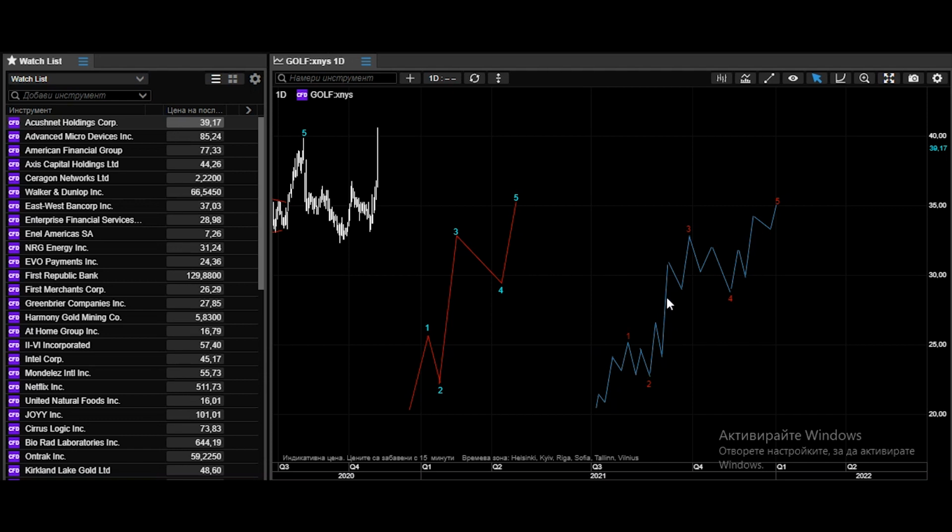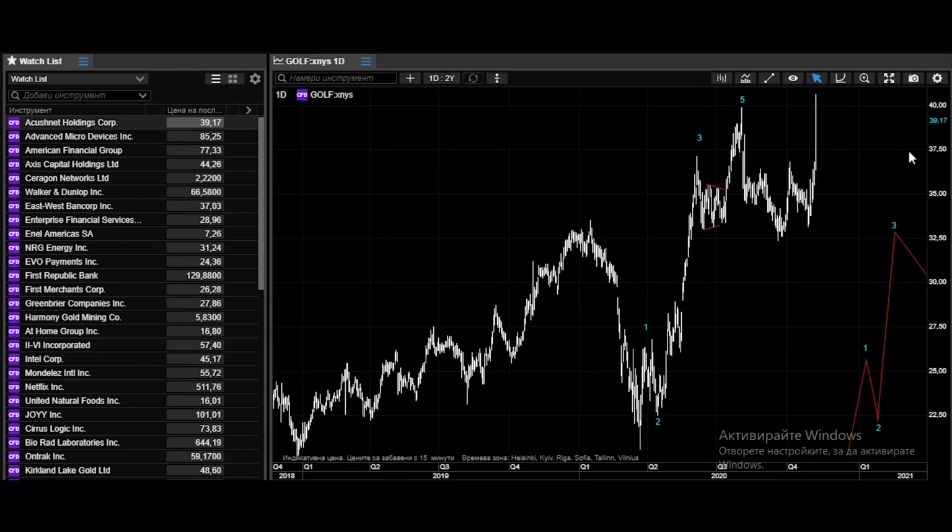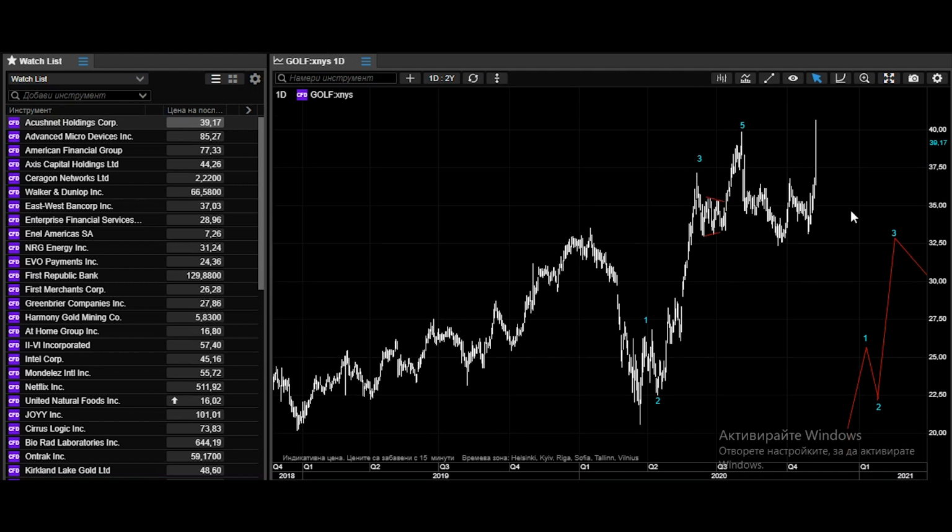Also, each motive wave contains 5 waves and each corrective wave is drawn in 3 waves. This is the most basic thing that can be said, and I guess most of you are familiar with it, but we can't miss it. So, let's continue and see how this looks on the chart.